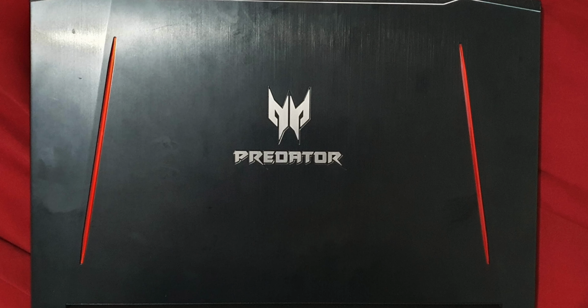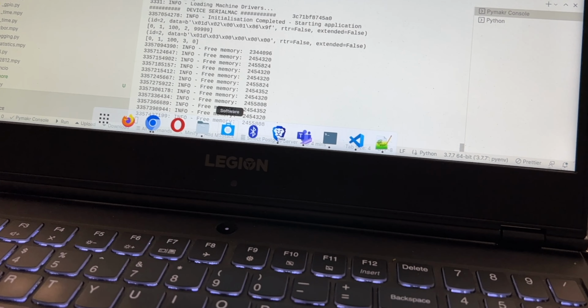Over the years, I've had a variety of Windows, Linux, and also macOS systems. I have had the Acer Predator Helios 300, Samsung notebook, ThinkPad, Lenovo, HP, Dell, and so many others that I cannot even count.